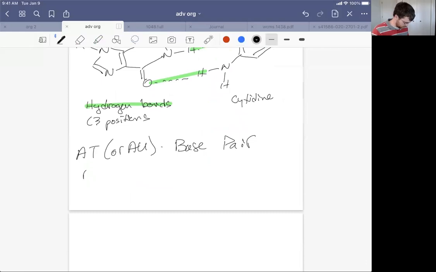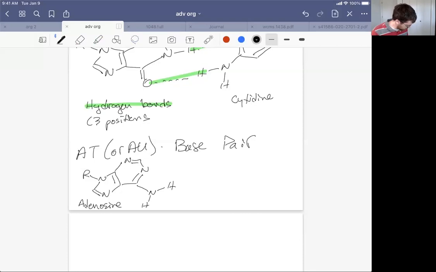So we have R. Okay, this is adenosine, my favorite one.